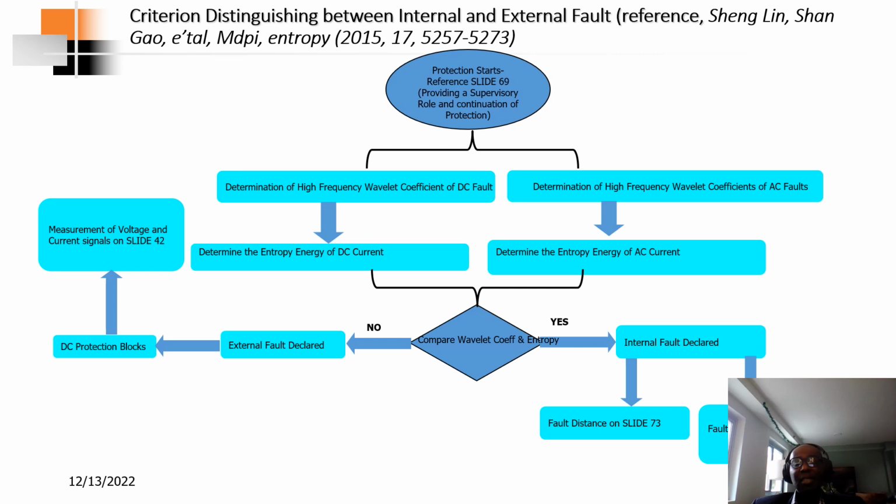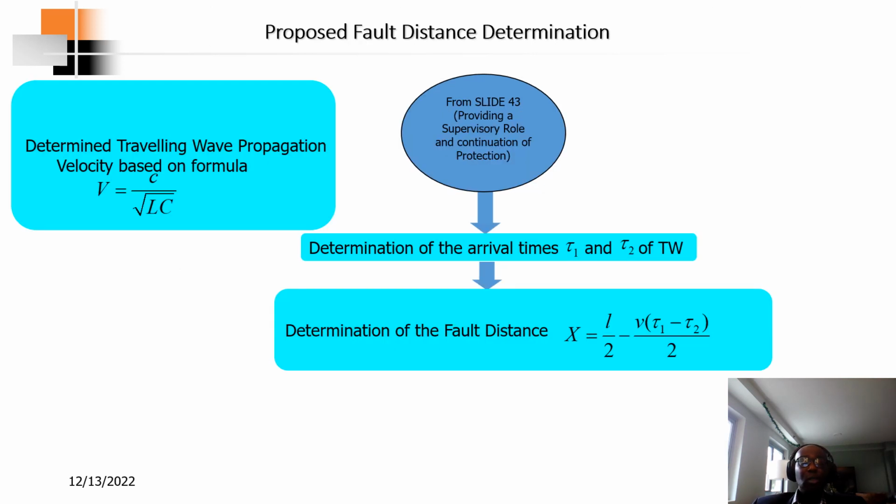Then we can determine if an external fault or an internal fault has occurred. If an external fault has occurred, the DC protection blocks and allows the AC protection to take care of it. If an internal fault is declared, then we need to determine the fault distance and the classification of the fault.